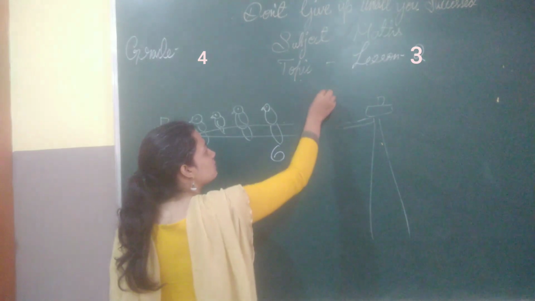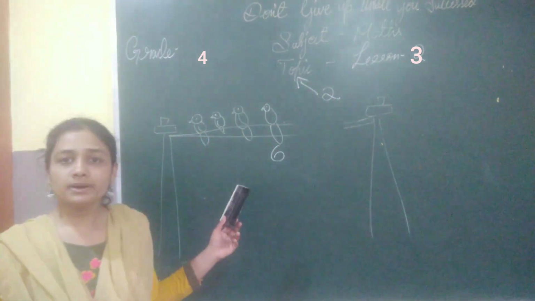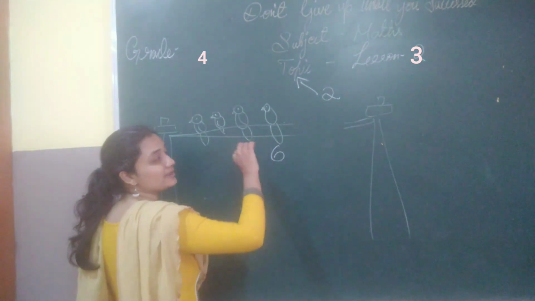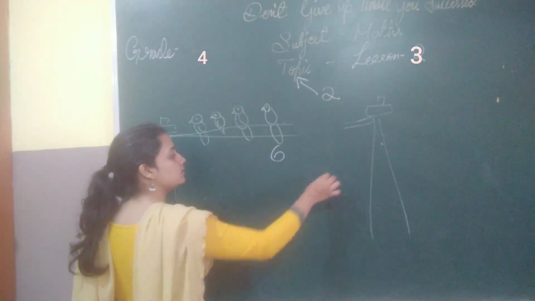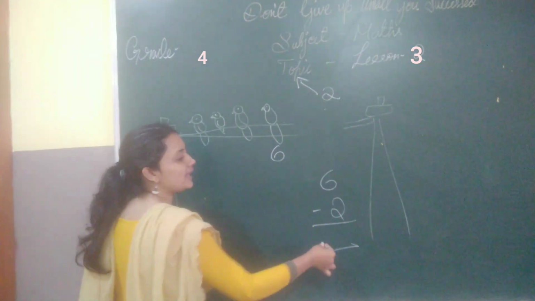How many birds are remaining here? The number is getting less, so that is subtraction. You subtract the birds that flew away and you get the answer.